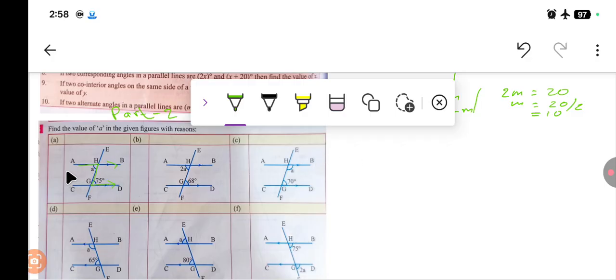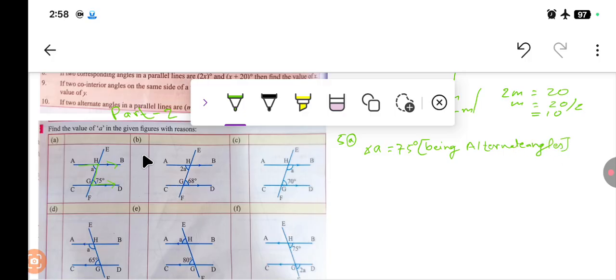So in this question number 5a, we can write angle A is equal to 75 degree. Reason also you have to mention. So the reason for this is being alternate angles.